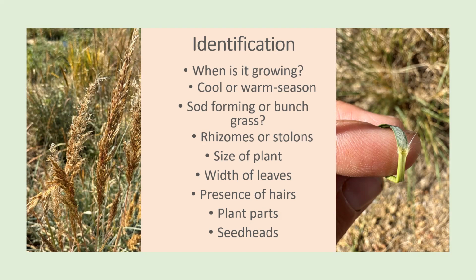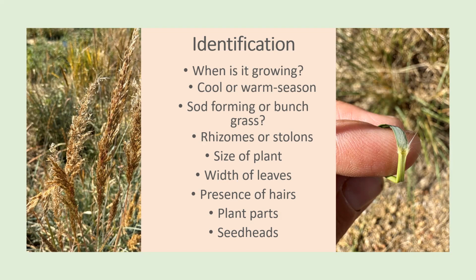When is it growing? That depends on when you're out there looking at it, of course. Is it a sod forming or bunch grass? This one can be tricky because some grasses are only slightly sod forming, so you can really get down there and dig around near the crown or the base of the plant to see if you can find rhizomes or stolons.